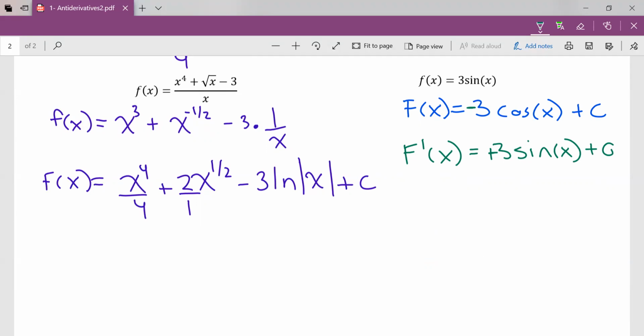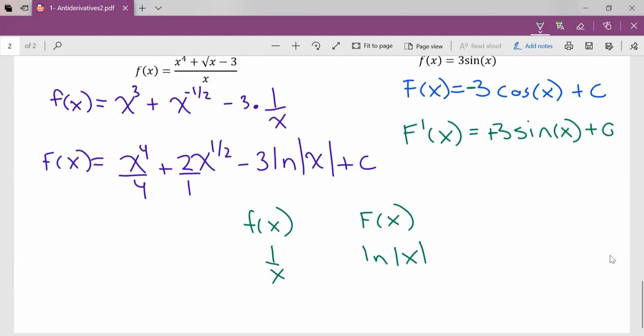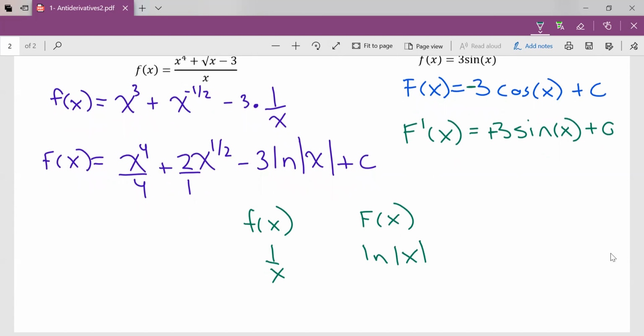Okay, so a couple of small things here then. If our original function, f of x, was 1 over x, the antiderivative is the natural log of the absolute value of x. Okay? If our original function was sine x, what we're going to find is the antiderivative of that will be negative cos x.